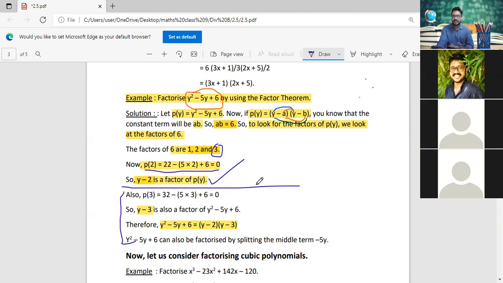So if you found that this polynomial has two factors and you have found only one, you need to find one more factor. You should think like that, so you won't forget that. Clear? Always keep this in mind.